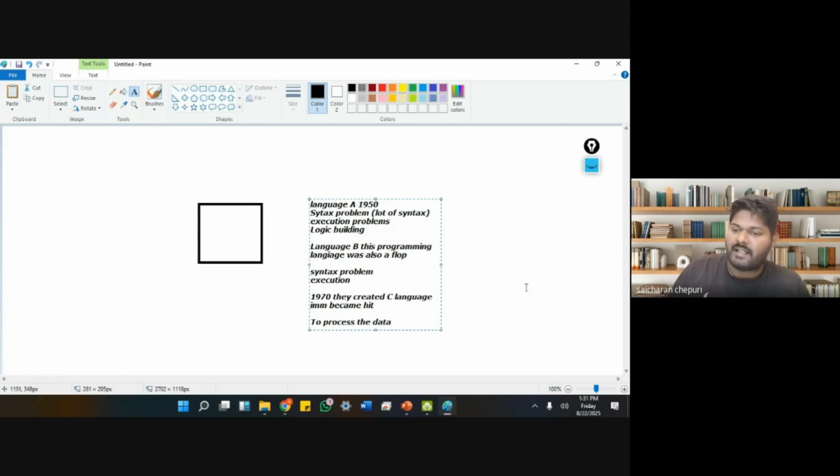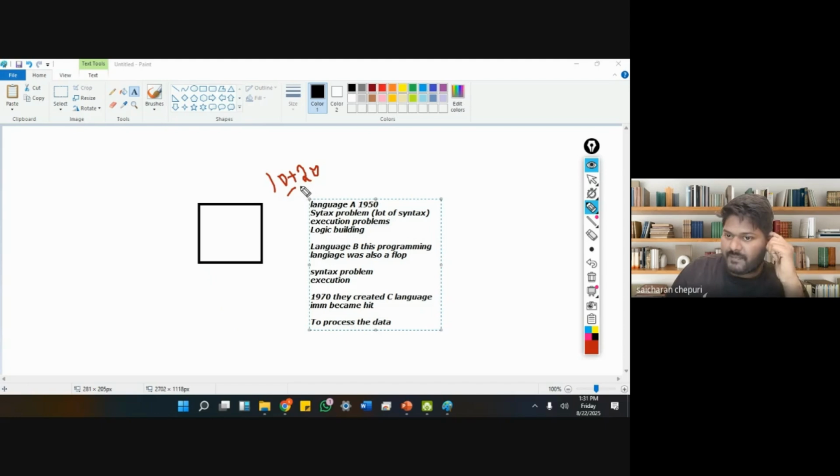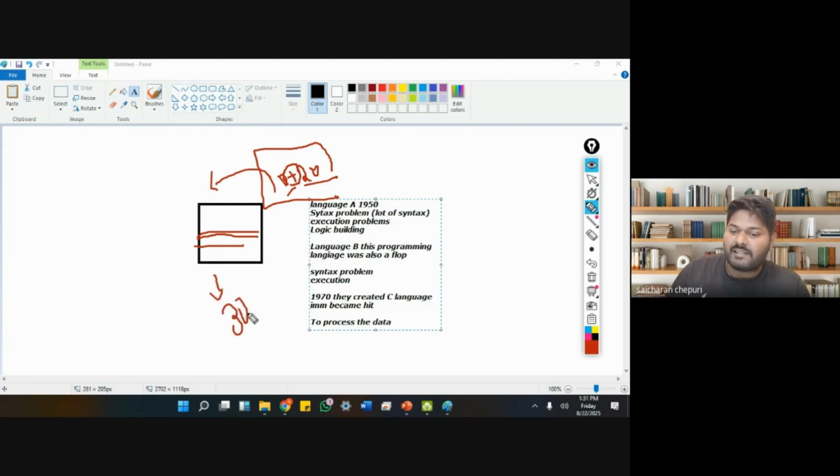So what is the data? Data, whatever the data we are giving. For example, here we are giving 10 plus 20. So 10 is a data and 20 is a data point. So these two data points are being fed into the computer, and then the computer is actually doing calculations on top of whatever the calculation we mentioned here. Like here, for example, it is plus. So it is doing the plus, it is doing the addition, and it is giving the result as 30.